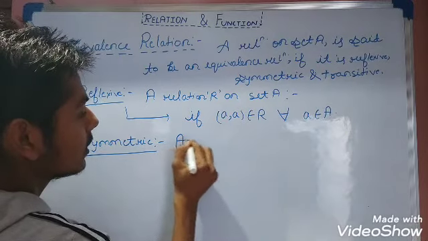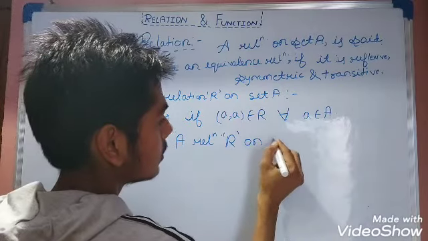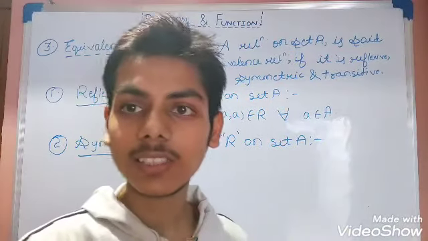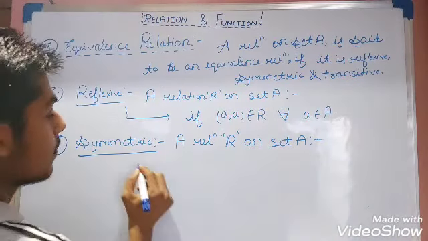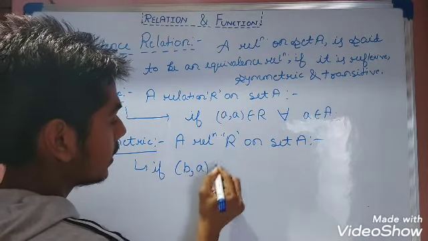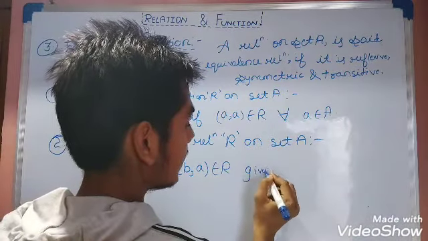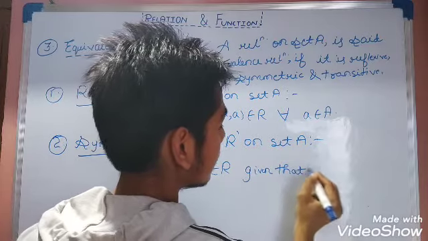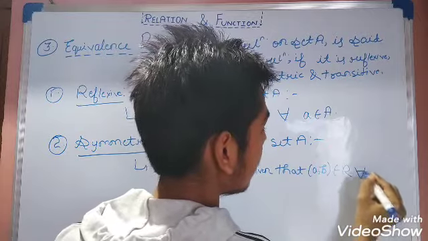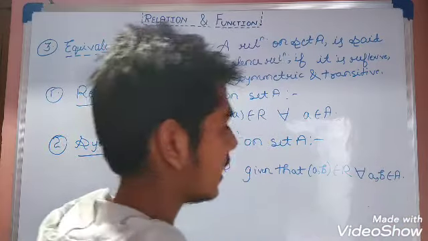Again, a relation R on set A is said to be symmetric if (b, a) belongs to the relation set, given that (a, b) belongs to R for every a, b belongs to set A.